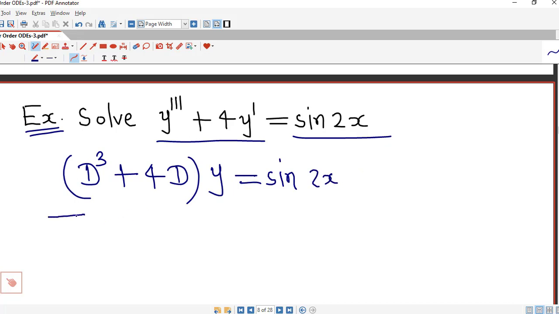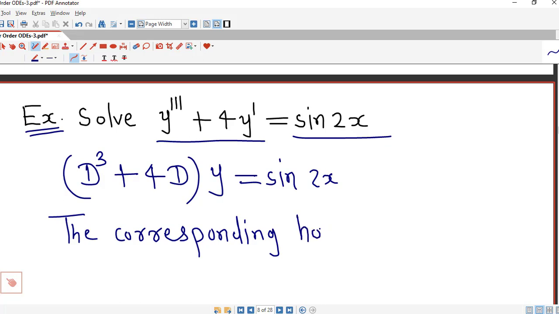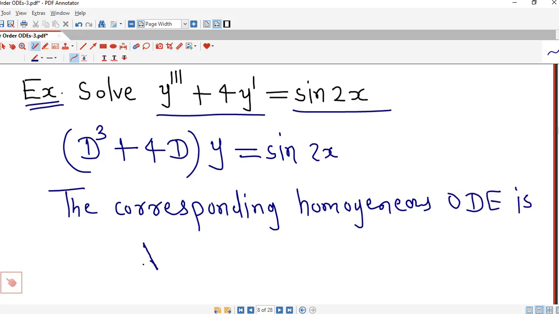Now first we write down the differential equation which is homogeneous and which corresponds to this equation. The corresponding homogeneous ordinary differential equation is, we replace D by lambda, so we have lambda cube plus 4 lambda equal to 0.